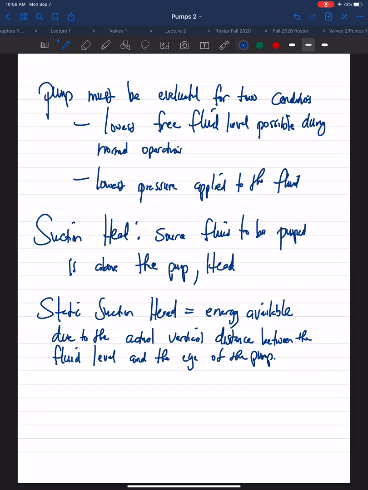As well, it includes the pressure exerted on the fluid surface, which we know in the open system is the atmospheric pressure.